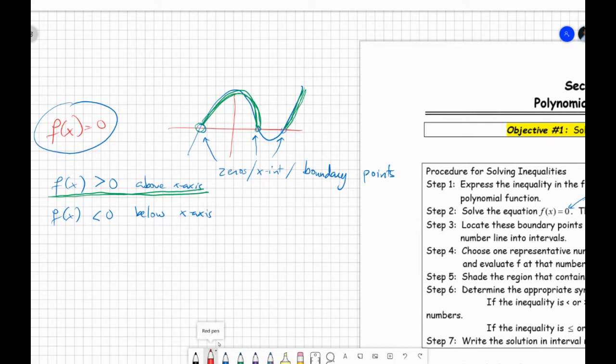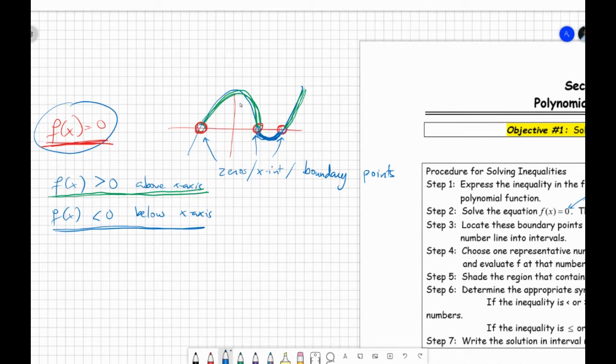Okay, I'm going to use red for when the function is equal to the x-axis, and then we'll use blue to denote when f of x is below the x-axis.